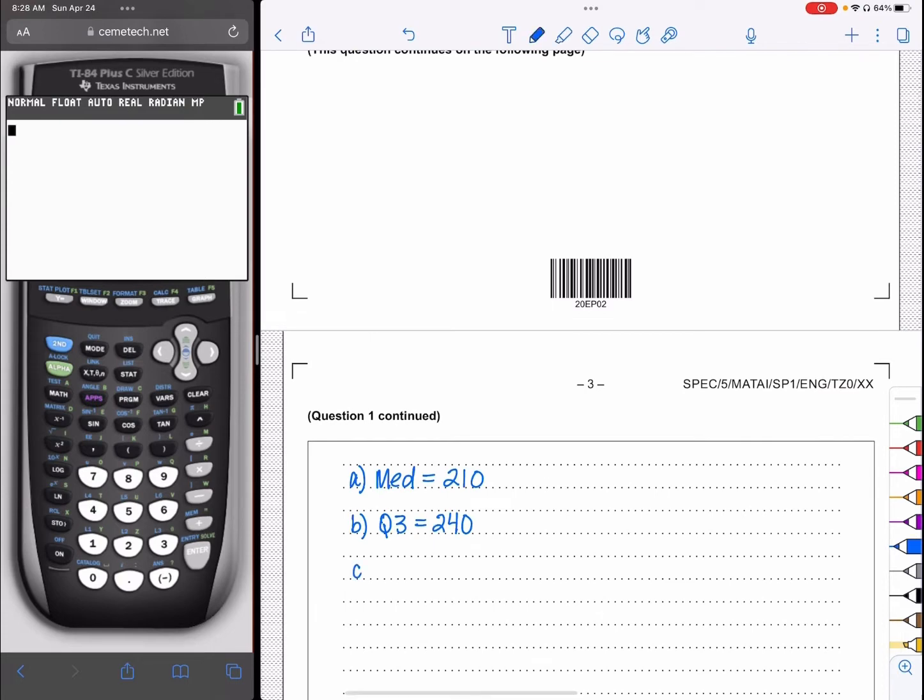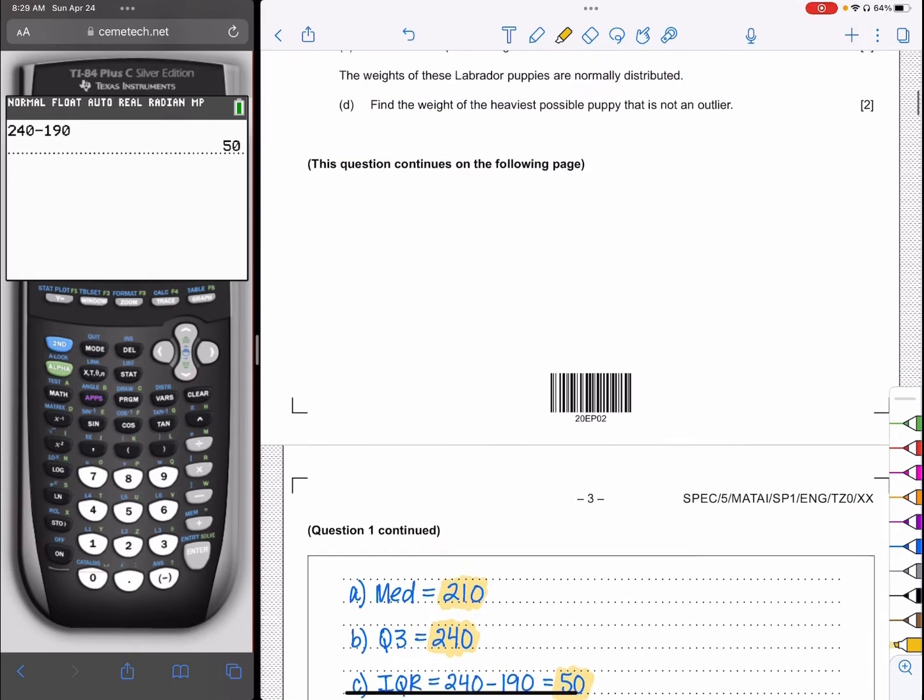So here I know that my IQR is equal to 240 minus 190, and 240 minus 190 is 50. All right. So I'm going to make sure I box and highlight all of my answers so that it will be easy for them to find.